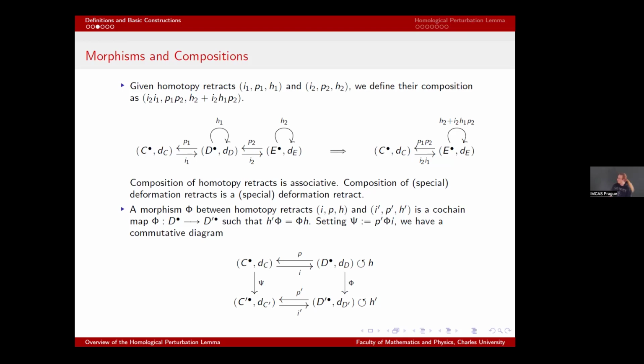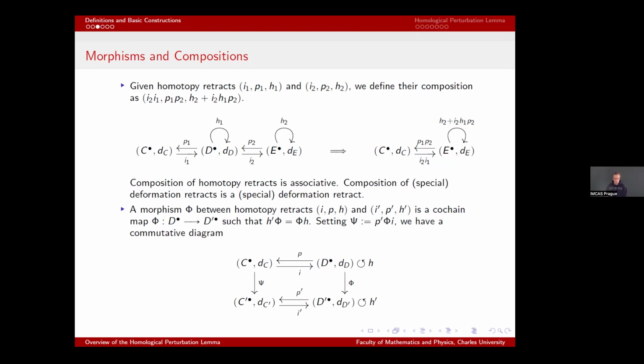So composition of homotopy retracts is associative. I think this is easy to see for the maps I and P. If I had a third one, I would just post-compose here with I3 and pre-compose here with P3. And so the only thing to check is that it is also associative when constructing the homotopies, but that's just an easy algebraic manipulation. And also composition of deformation retracts and special deformation retracts yields another deformation or special deformation retract.